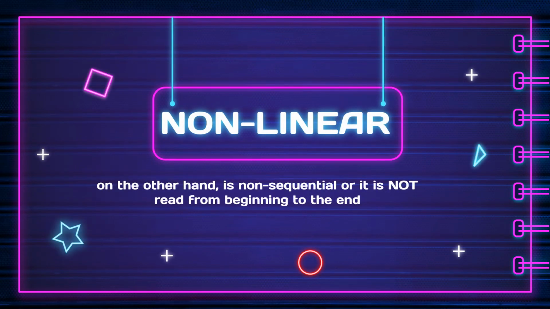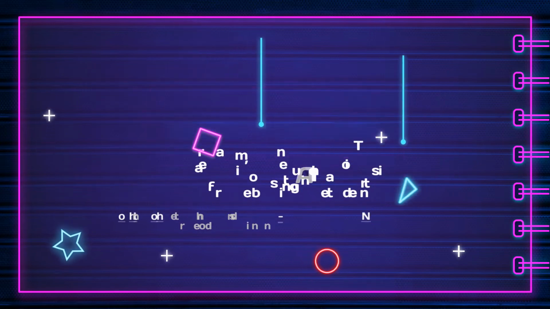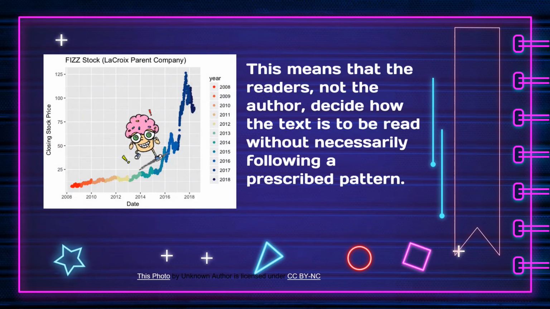A nonlinear text, on the other hand, is non-sequential, or it is not read from beginning to end. This means that the reader, not the author, decides how the text is to be read, without necessarily following a prescribed pattern.